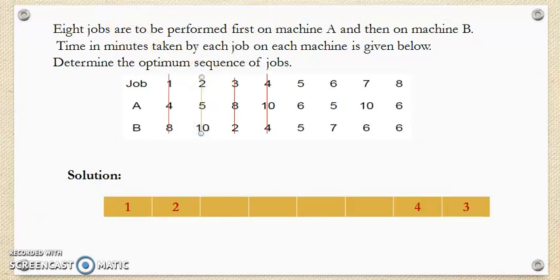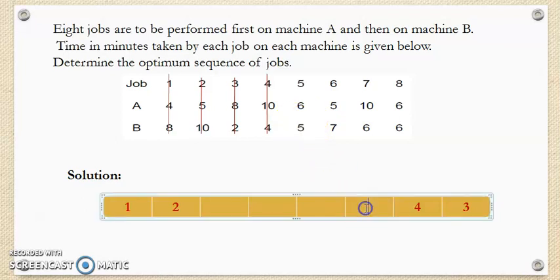Getting it? So I give it red color. Now again look at the processing times. Again there is a tie. The minimum processing time is 5. There is a tie, so choose anyone randomly. Now if I take this processing time 5 minutes for the fifth job, it lies on the second machine, so it should be sequenced as late as possible.